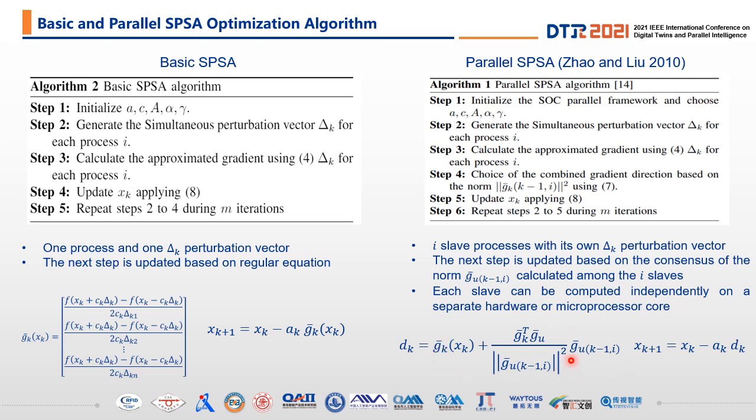So based on this norm, we take the elements for all the parallel digital twins that we are executing, and we choose the minimum one based on this norm in order to calculate the next step. In that sense, we can evaluate more possibilities of this perturbation vector in a more straightforward way.